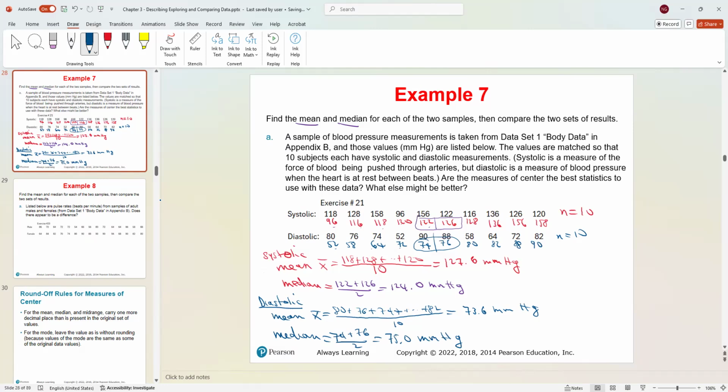It would make more sense to investigate whether there is an association or correlation between systolic blood pressure measurements and diastolic blood pressure measurements. We'll have a chance to address correlation and regression later, but that's how you can say it. Remember, this answer is a little bit subjective.